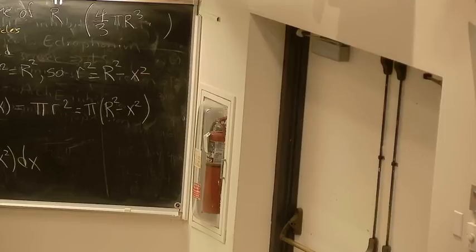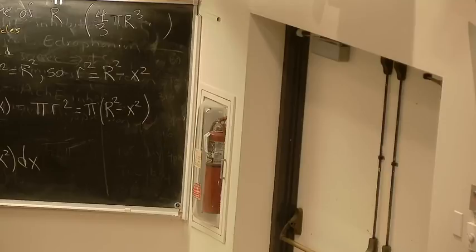So I'm going to get a pi times R squared x minus x cubed over 3, from negative R to R, which is equal to pi R cubed minus R cubed over 3, minus pi times negative R cubed plus R cubed over 3.